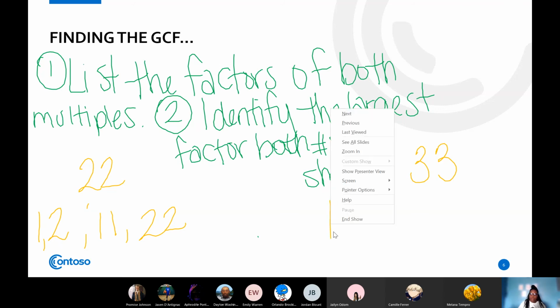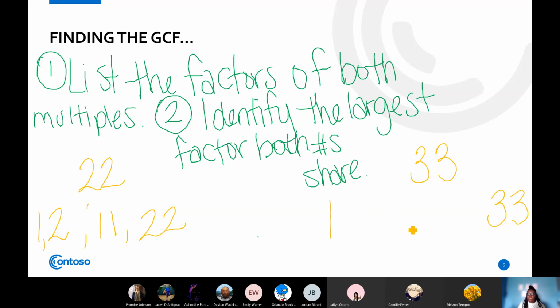Now with 33. Remember, we always start with 1 and the number, and then we work our way in. This is not going to be divisible by 2. Why? Because it doesn't end in an even number. Very good.